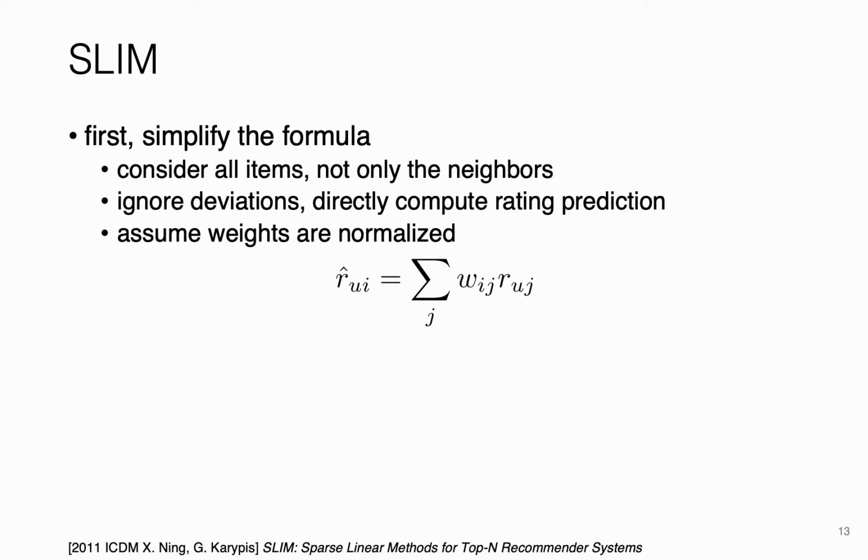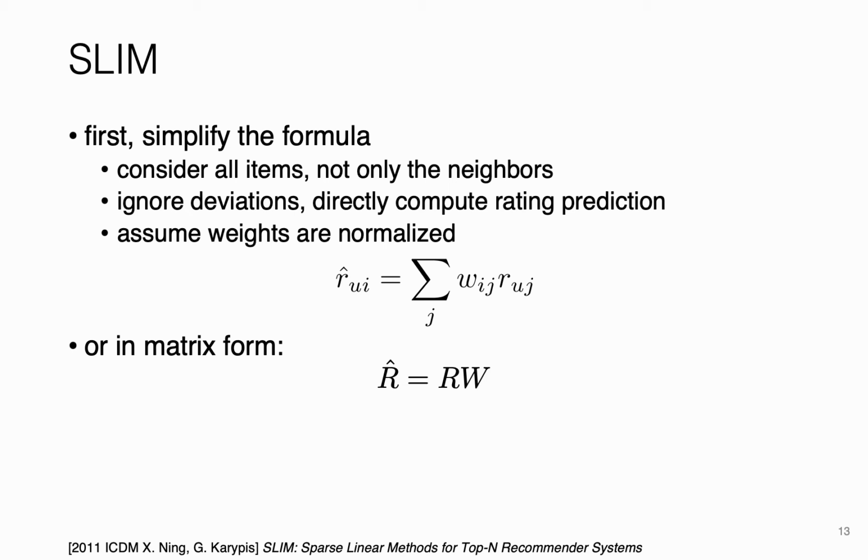The last simplification we do is assume that weights are normalized to sum to 1. We end up with a very simple formula as shown here. The target rating is the weighted average of all other ratings given by the target user. Note that because the weights sum to 1, we don't need a denominator to normalize the weights.